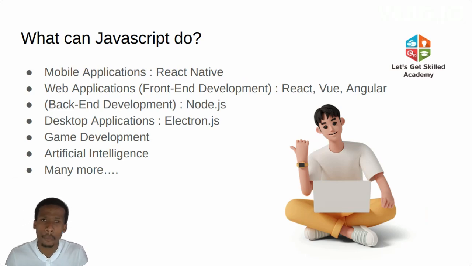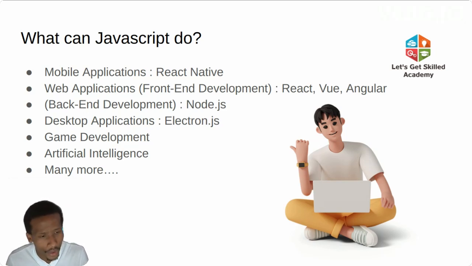Now, JavaScript is a multi programming language, so it can create mobile applications, web applications, which is for front end, and it's now for back end, desktop applications, game development, AI, and many more. So we use frameworks for these type of things.